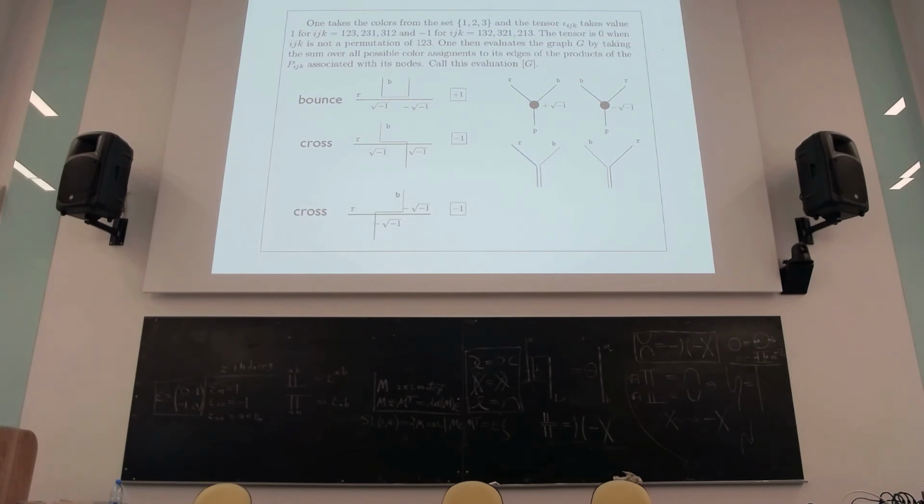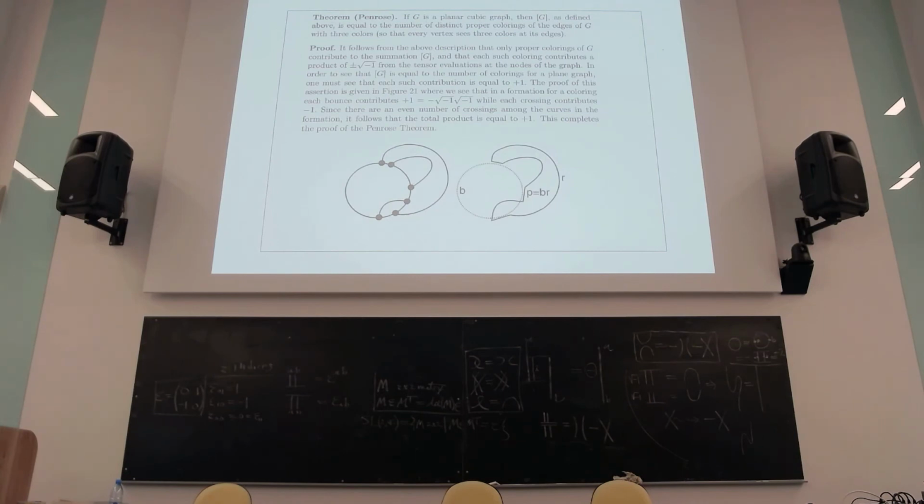And every time it crosses, the tensors contribute minus 1 to the number of crossings of the red loop with the blue loop, but we're in the plane, and that is going to be minus 1 to an even number, and therefore Penrose's formula will always give us 1 whenever we're looking at a coloring.